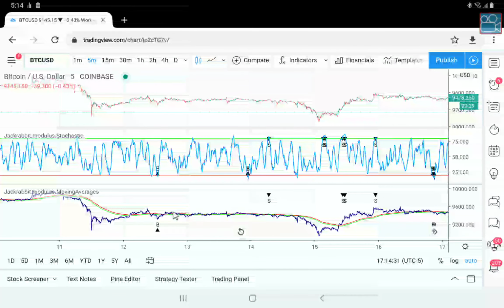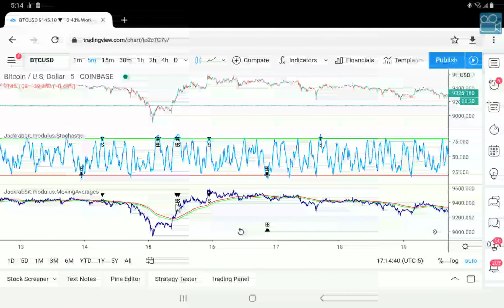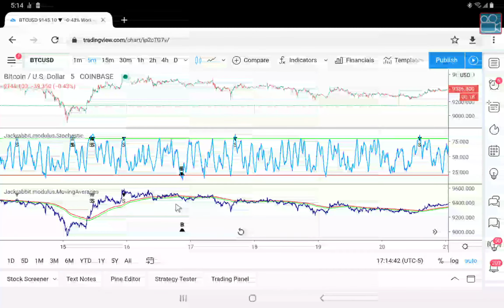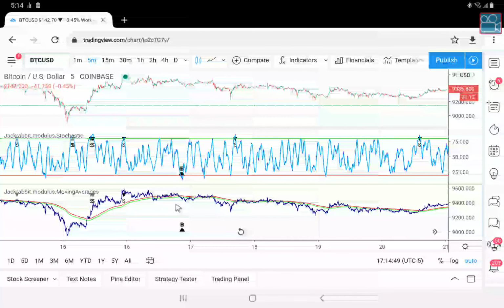There we go. Again, starting would be a 45 to 50, but the combination of the EMA 200 momentum takes this up to about a 55% win rate.